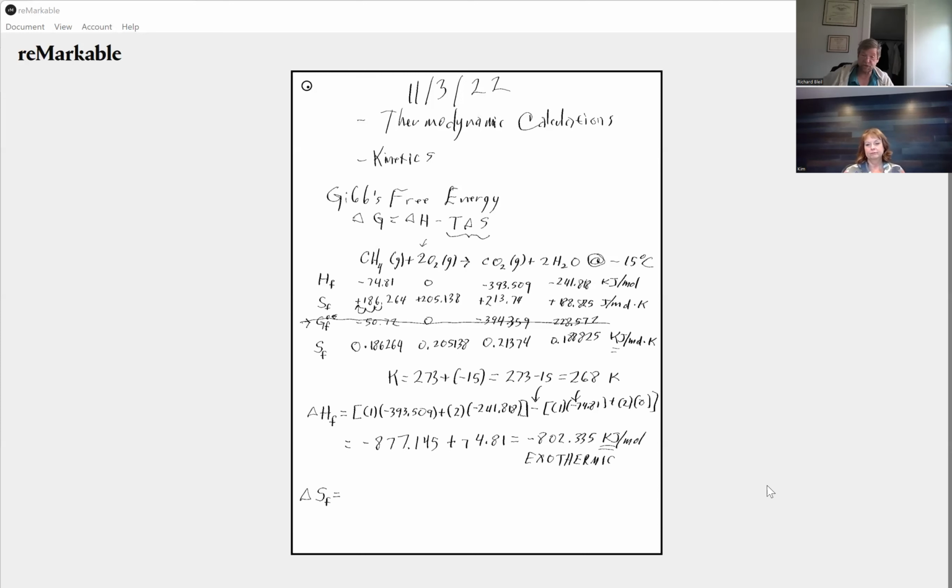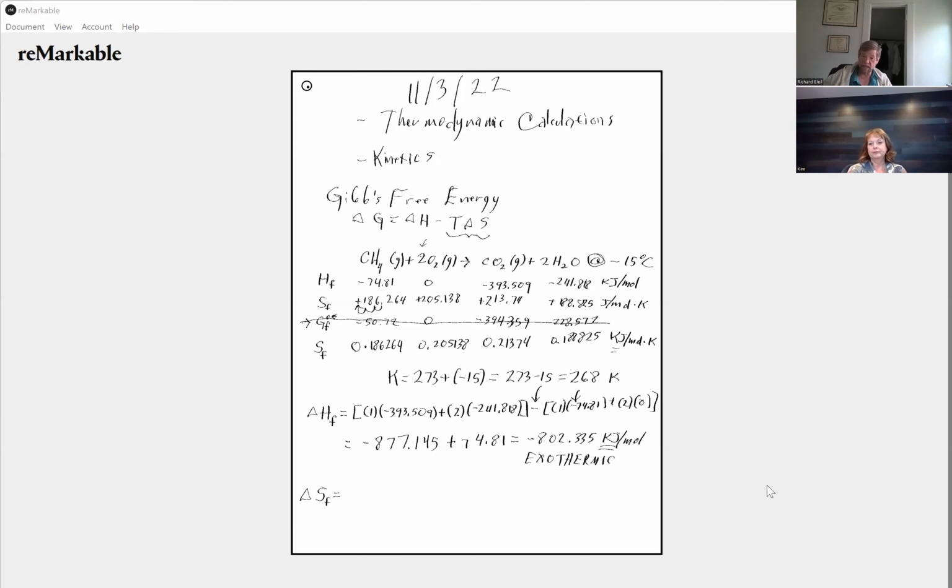Now, if I were to predict if this is going to be an increase or decrease of entropy, I would not know what to tell you. We have the same number of moles on both the reactant and the product side. We have 3 moles on both the reactant and the product side. And we have all gases. Normally, entropy increases if you increase the number of moles.